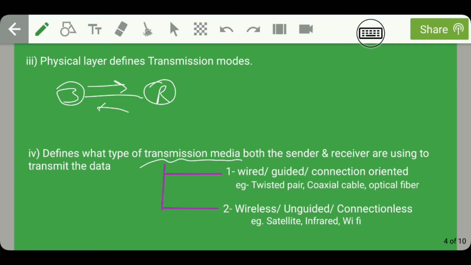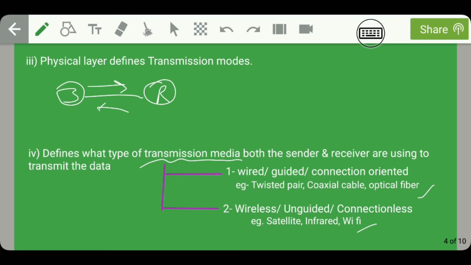Wired transmission media can also be termed guided transmission media or connection oriented transmission media, whereas wireless transmission media can also be termed unguided or connectionless media. Some examples of wired transmission media are twisted pair, coaxial cable and optical fiber, whereas examples of wireless transmission media are satellite, infrared, Wi-Fi, etc.